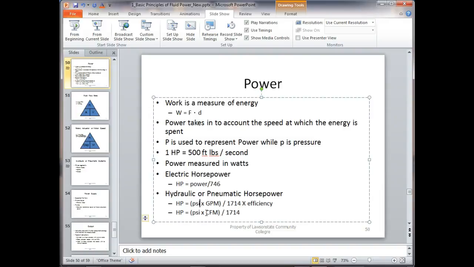So there's probably supposed to be another parenthesis over here. Of course, I have to spell efficiency.